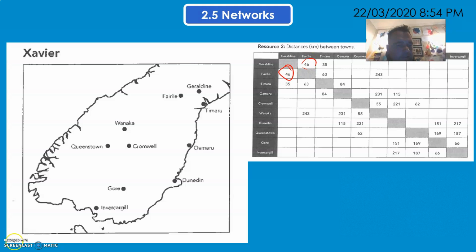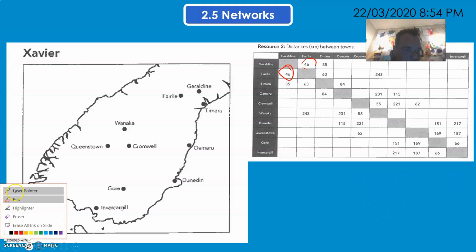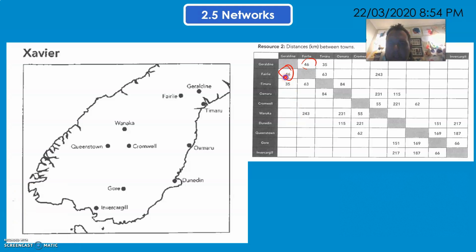So, get the laser pointer. This square here means from Fairlie to Geraldine, and this square here means from Geraldine to Fairlie. Now they're obviously the same distances, so you can see that's repeated, Timaru to Geraldine and Geraldine to Timaru and so on.